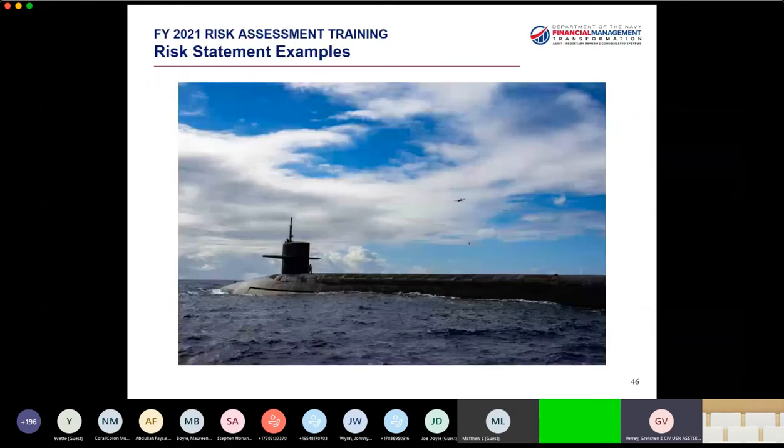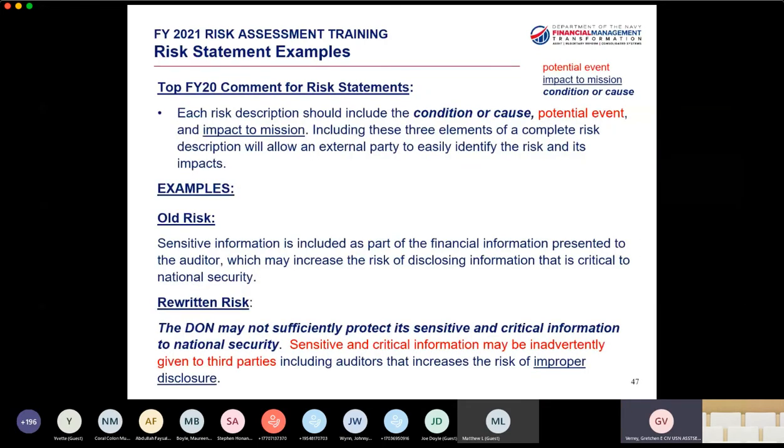So we're going to talk a little bit about a good risk statement and what would be included in a good risk statement. Each risk description should include a condition or cause, the potential event, and the impact that it would have on mission. Including these 3 elements of a complete risk description will allow an external party to easily identify your risk and its impacts.